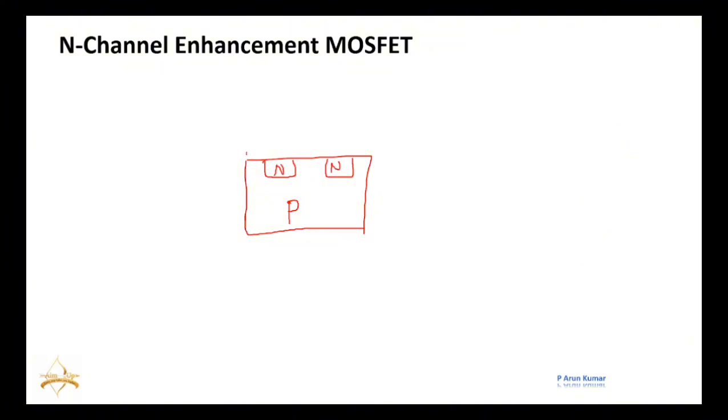On top of this one, silicon dioxide is formed. That is an insulating layer. This is silicon dioxide. This is a substrate. Actually, a semiconductor, right?